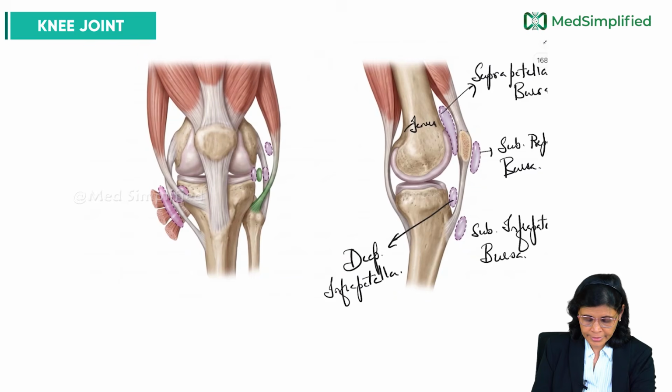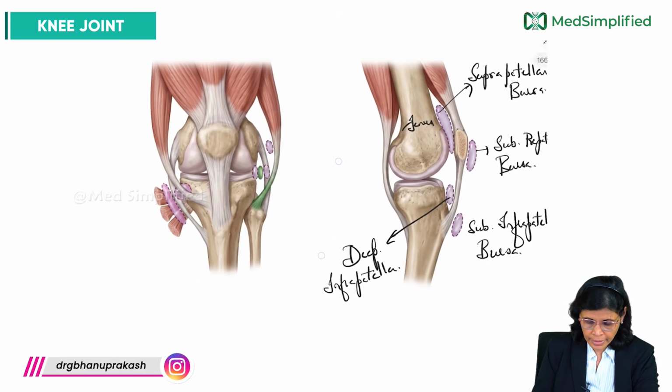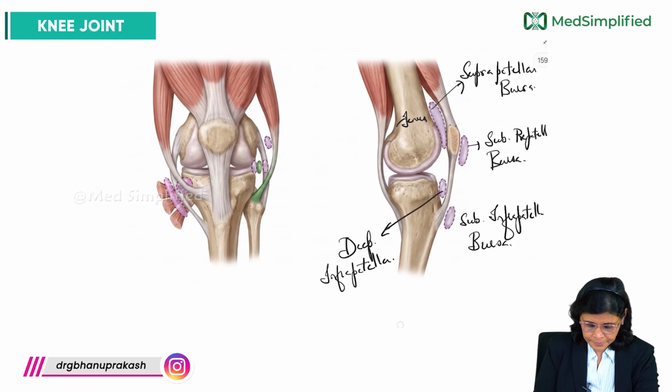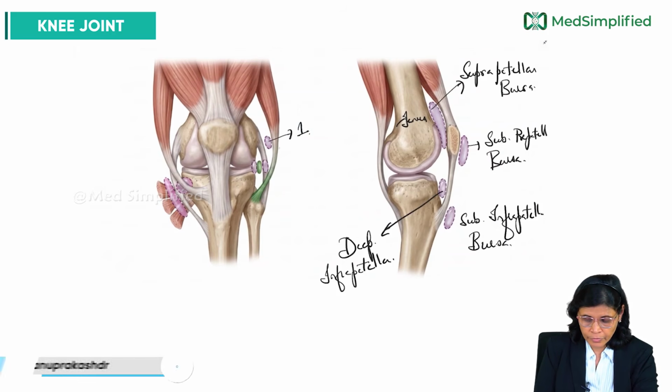On the lateral side, there is one between the fibular collateral ligament and the tendon of biceps. Then we have one between the fibular collateral ligament and the tendon of popliteus.